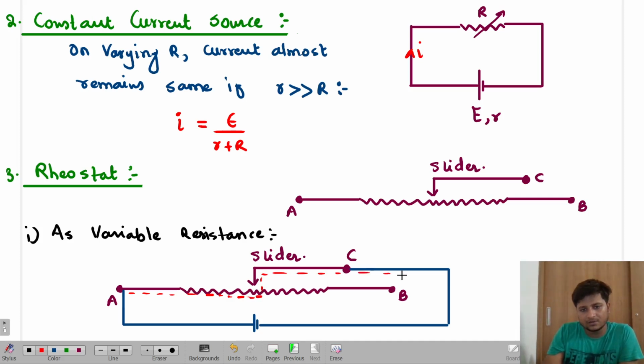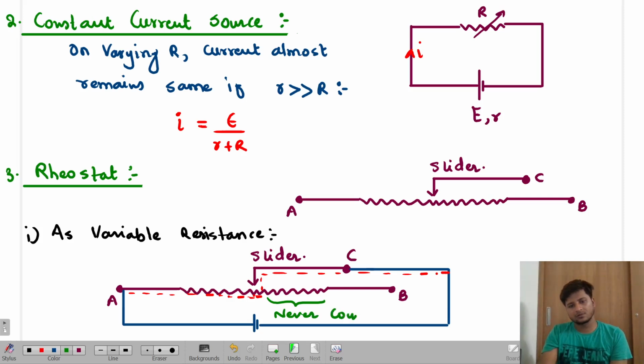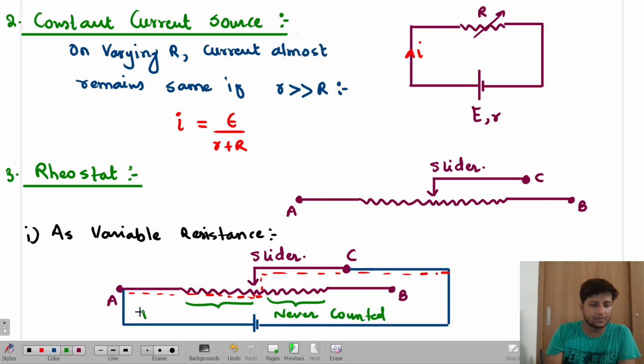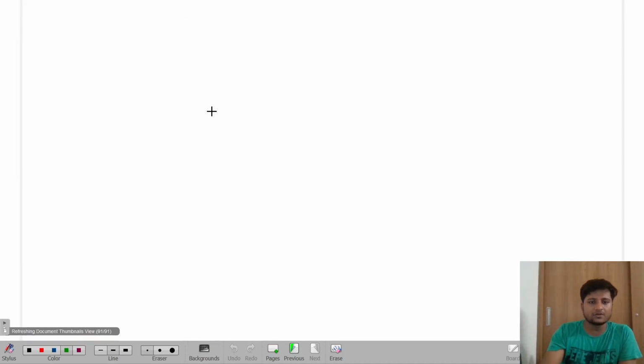Okay, got it. So this region of the resistors is never ever counted, and these resistors in total will be counted. Remember that. Total means, like, have you seen the meter scale?